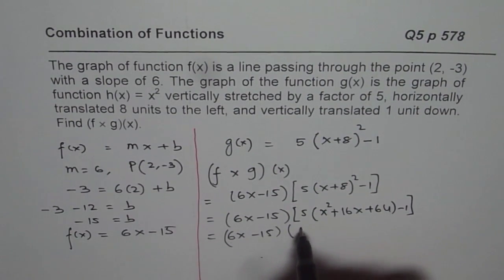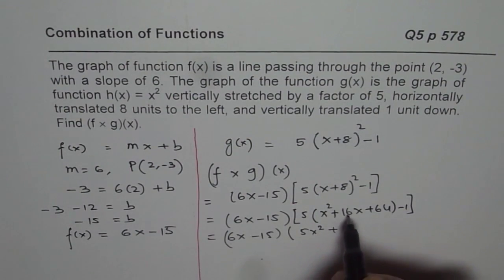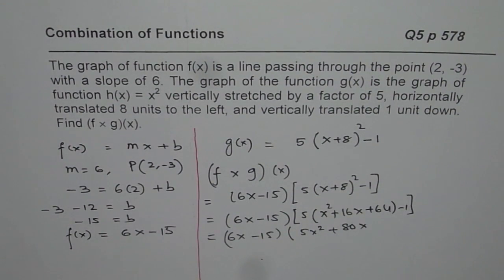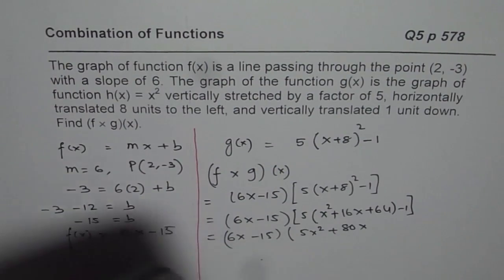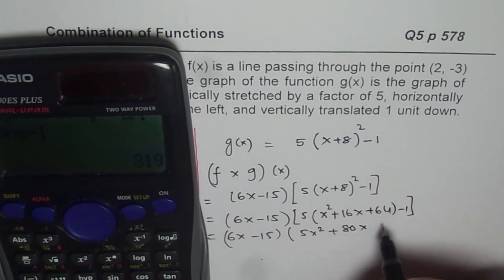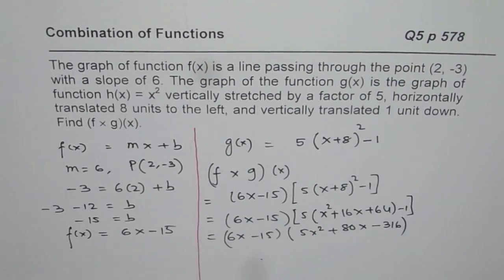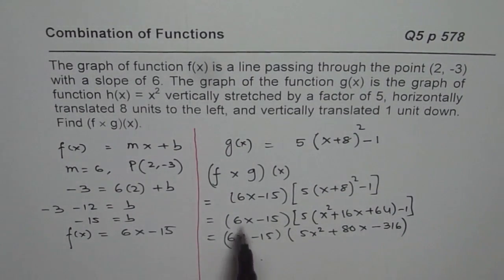Multiplying this, we get 5x squared, 5 times 16, 80x. Let's use the calculator. 5 times 64 minus 1, 319. So that becomes f times g of x. So that is how we can find the product of these functions, correct?